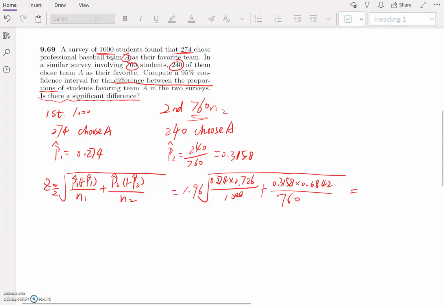This value is 0.0431. And for the difference between proportions, it's p1 minus p2.